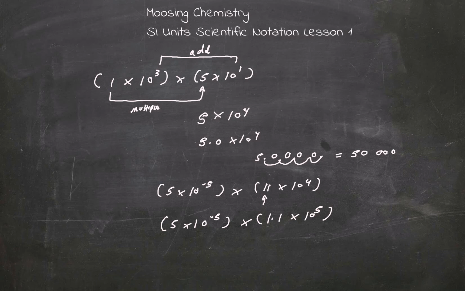Remember, we're going to multiply these two numbers right here, and you're going to add these exponents right here. So this is going to give me 5.5 times 10 to the 0, which is 5.5.